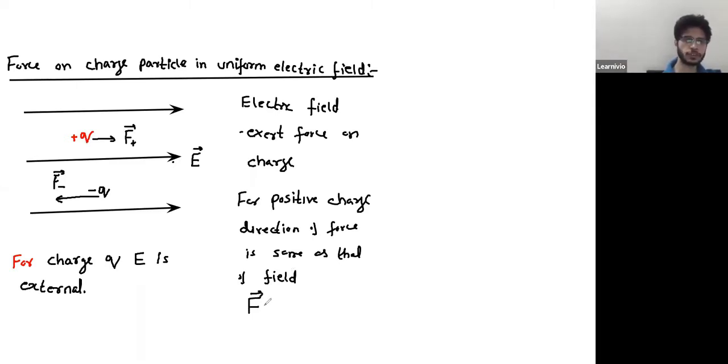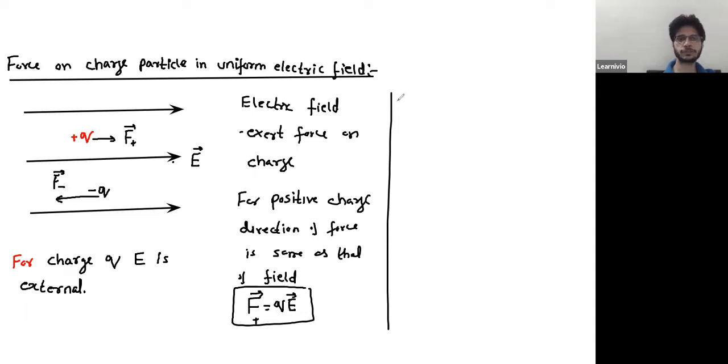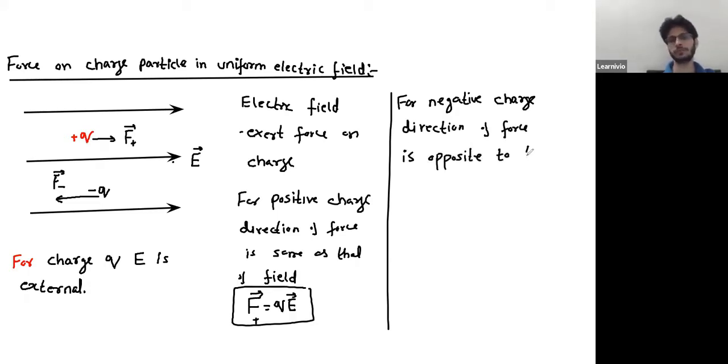And the magnitude of force is F equals QE. This is the magnitude of force on the positive charge, and the direction is the same as that of the electric field. But instead of a positive charge, if you have a negative charge, the direction of force is opposite to that of the field.